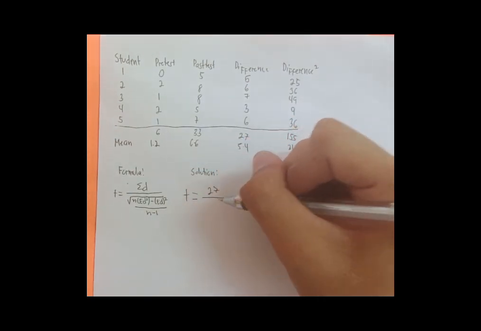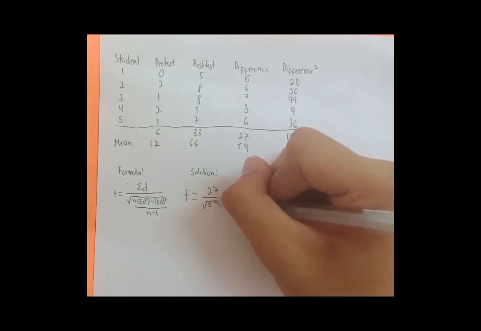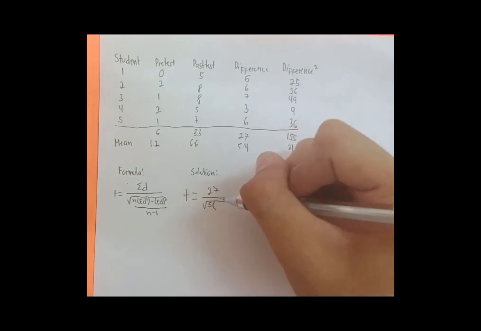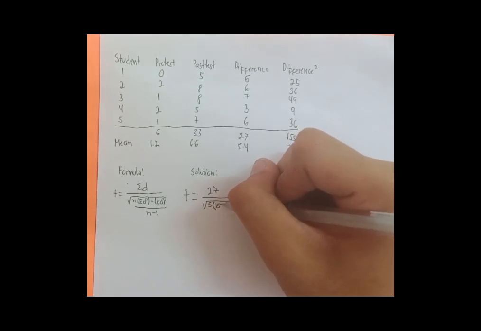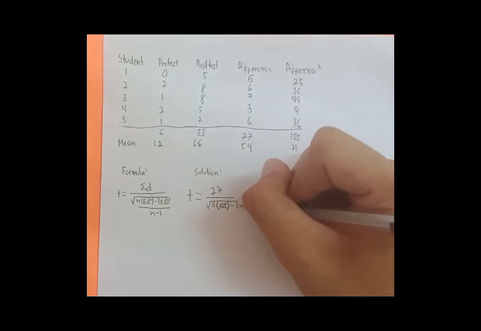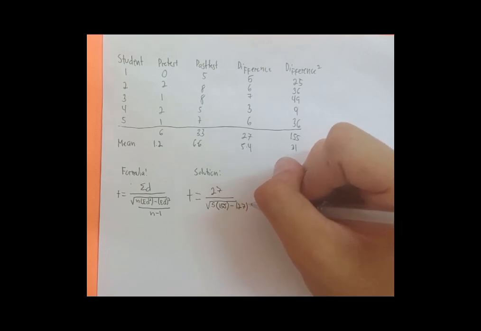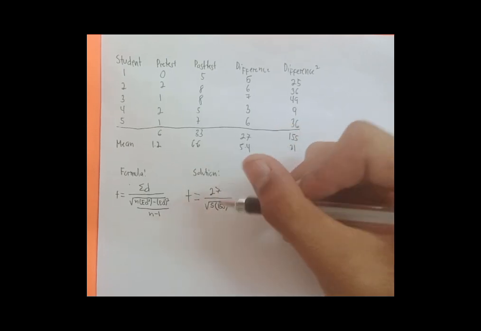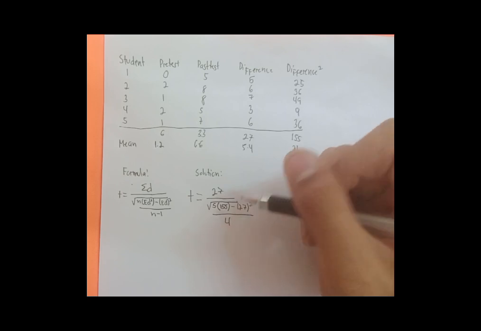t equals 27 over square root of 5 open parenthesis 5.5 squared over 4.